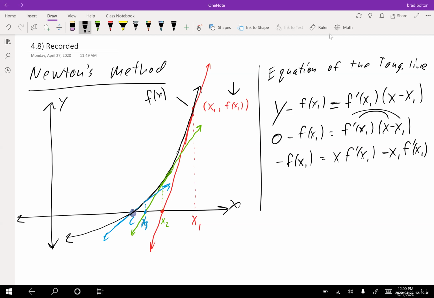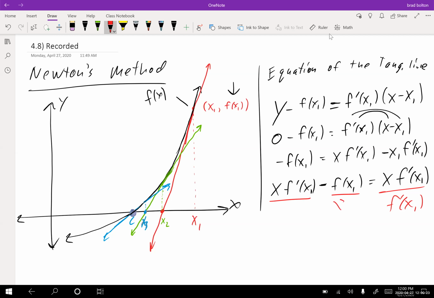So this will be x f prime of x sub 1 equals x sub 1 f prime of x sub 1 minus f of x sub 1. Now I'm going to divide both sides by f prime of x sub 1.